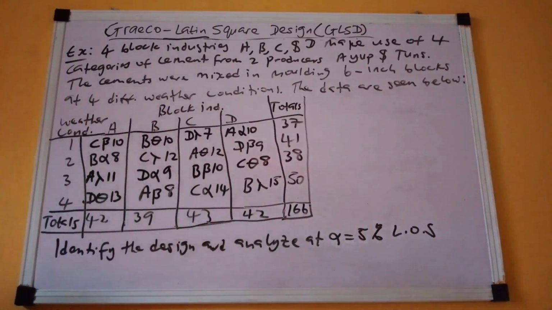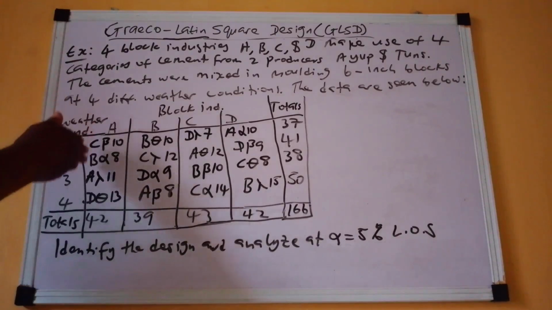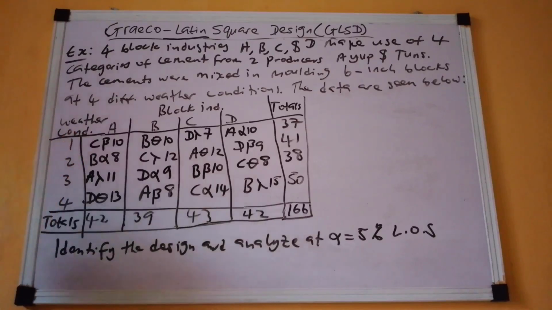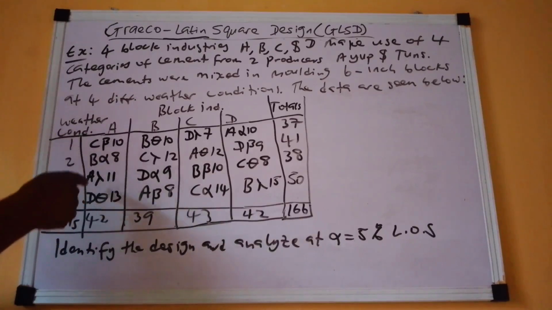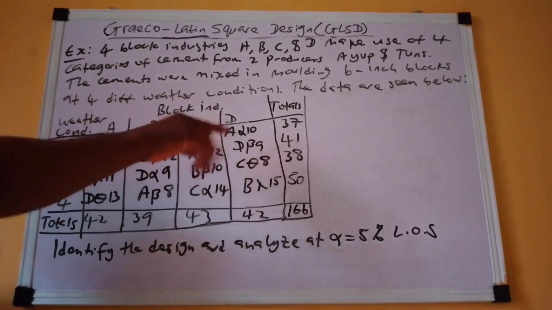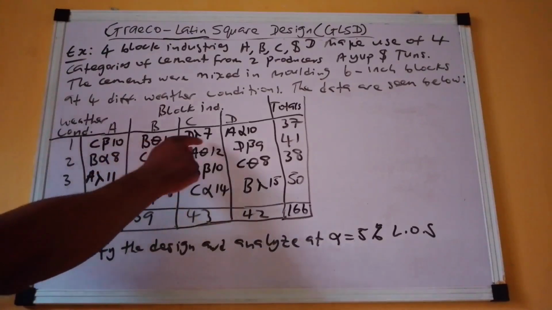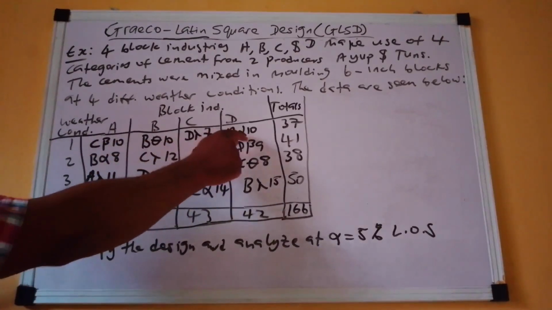So now, is this design a Latin square design? Is it a Greco-Latin square design? Now let us check. Look at the Latin letters. The A, B, C, D is a 4x4 Greco-Latin square design. Look at the Latin letters appearing once in each row and column. The Greek letters are beta, theta, lambda, and alpha.